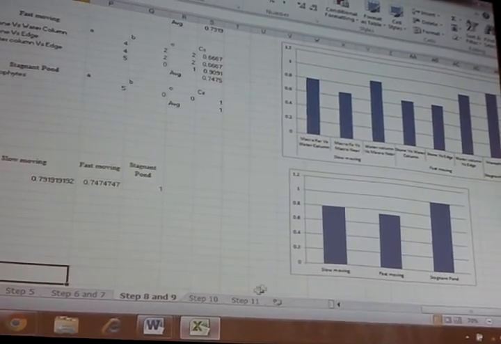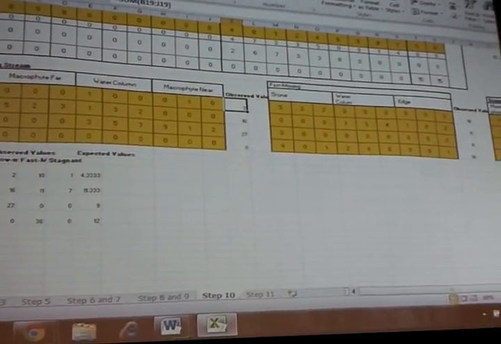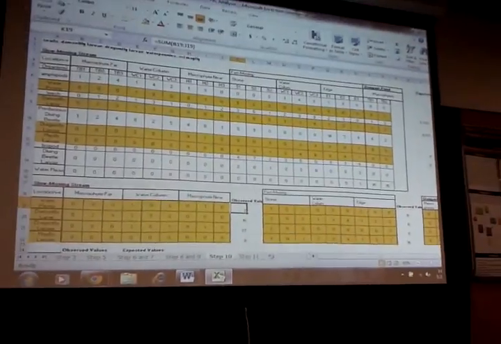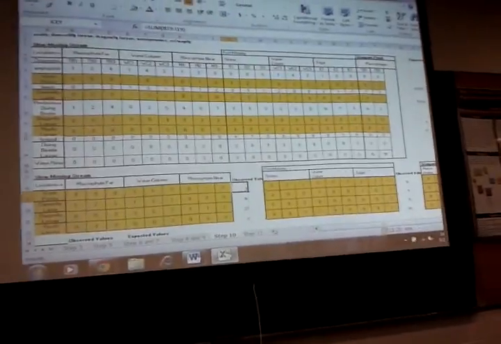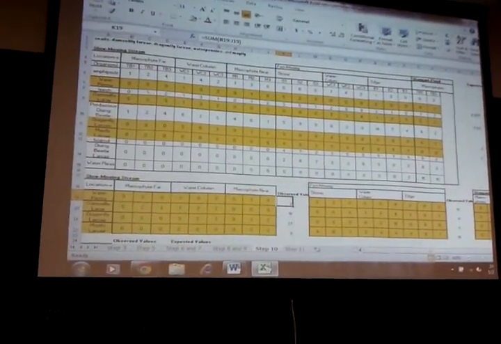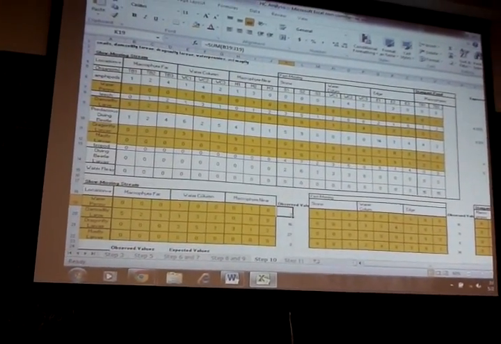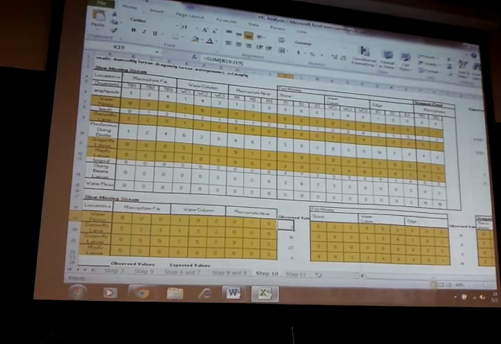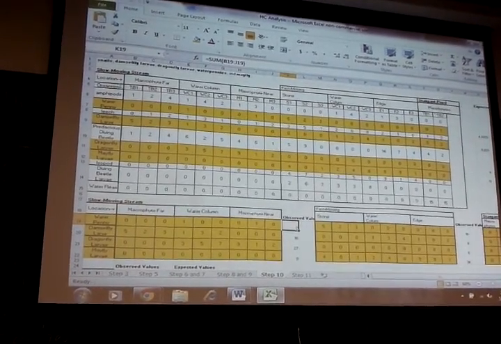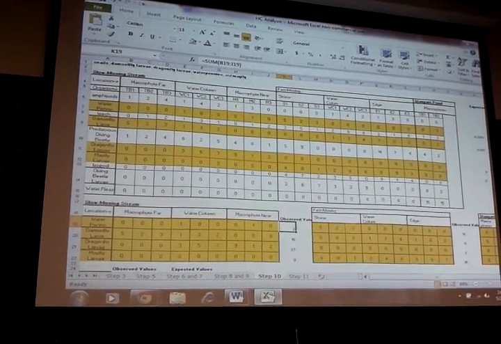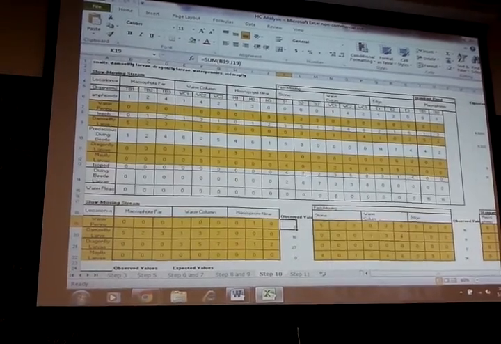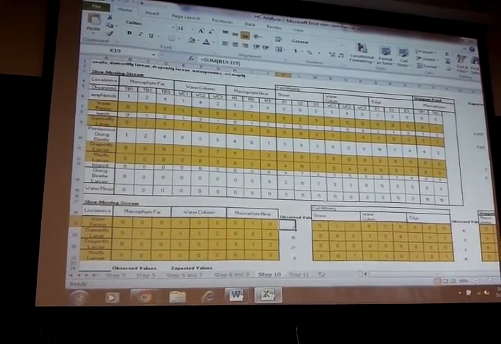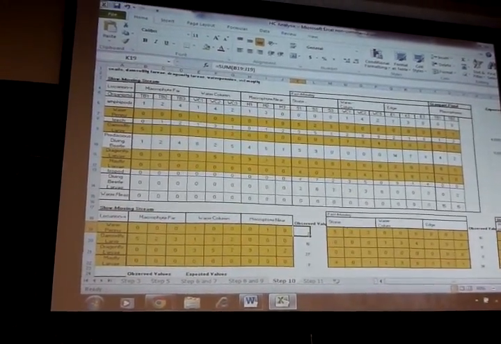Okay, so now we're on to step 10. And here, what we're doing is our chi-square goodness of fit. So remember when we were talking about the Warren Woods data, I said that there were 2 chi-squares. One is the contingency table / test for heterogeneity, and one's the goodness of fit. So in the test for heterogeneity, we had no idea what our expected values were, right?